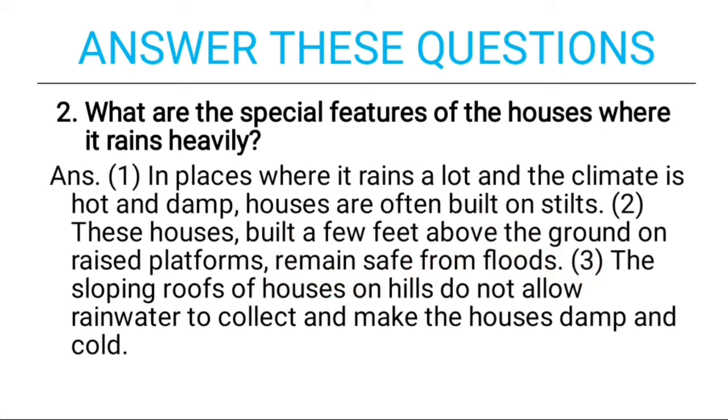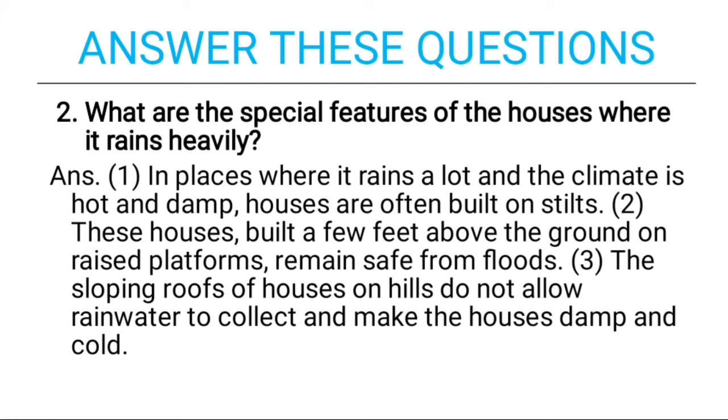The sloping roofs of the houses on hills do not allow rainwater to collect and make the houses damp and cold. So that's how people make sure that their houses are safe in places where it rains heavily and conditions are damp.